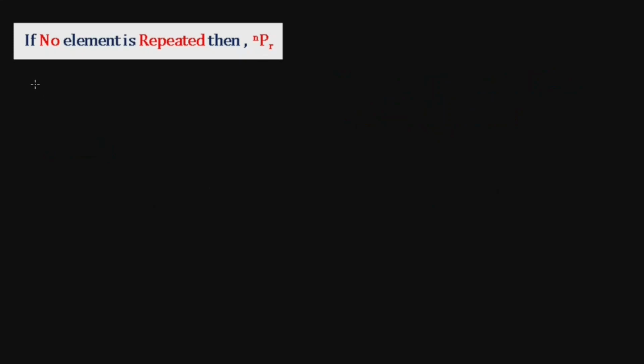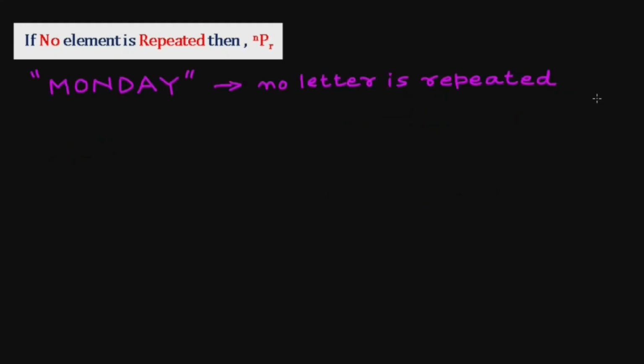How many words with or without meaning can be made from the letters of the word MONDAY, assuming that no letter is repeated? Number 1: 4 letters are used at a time, which means r is 4, and there are 6 distinct letters in the word MONDAY, so n is 6.